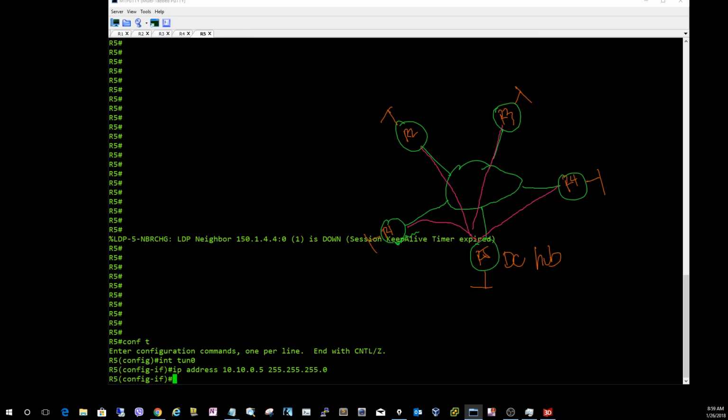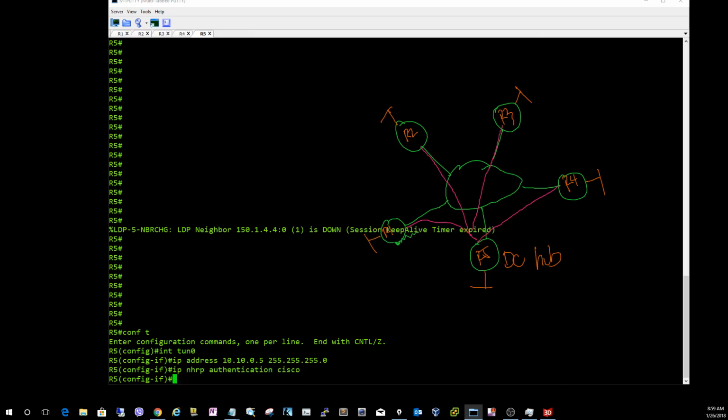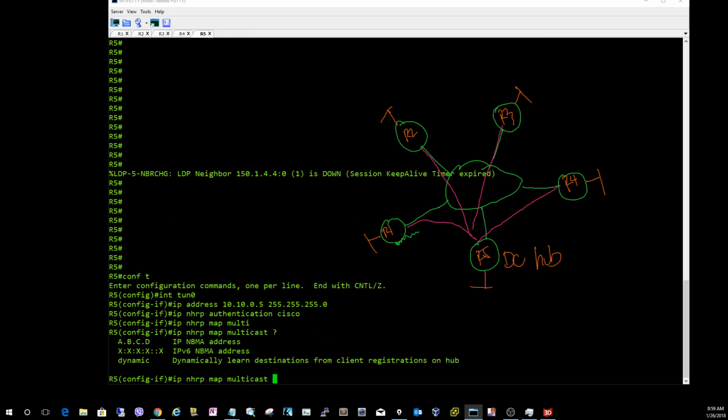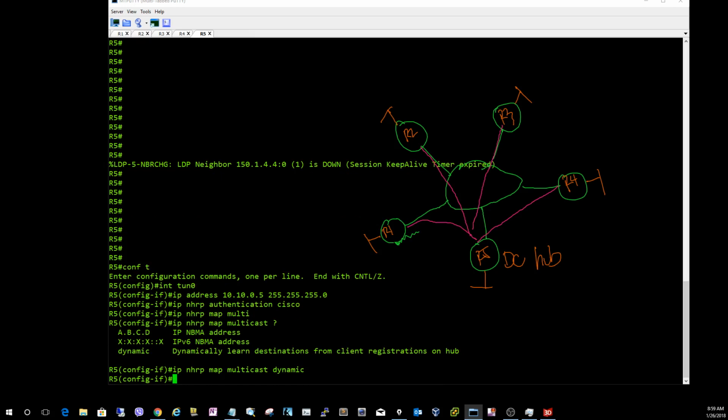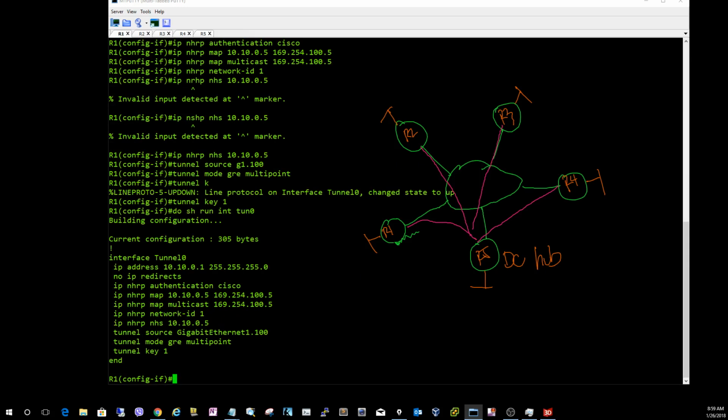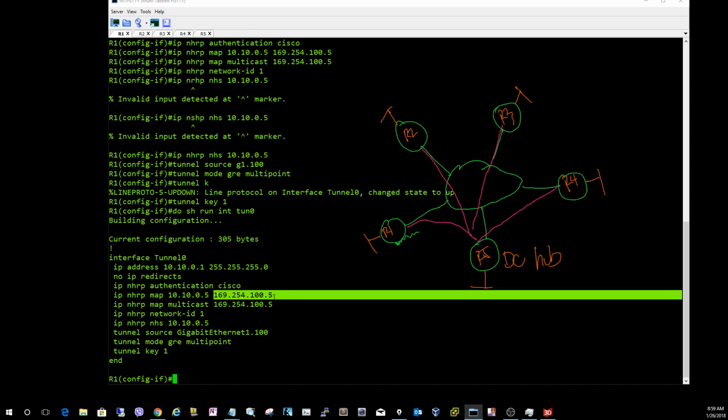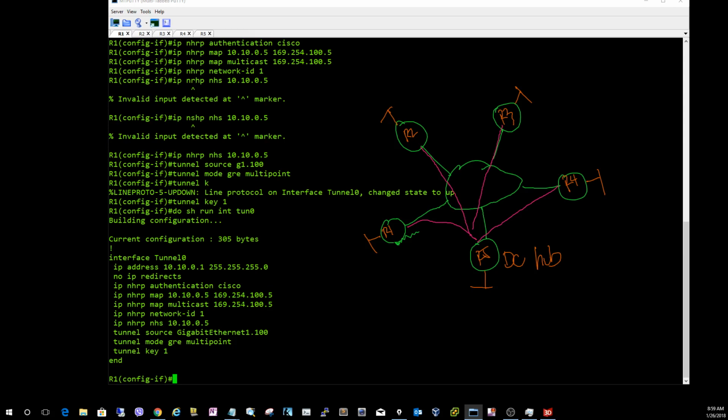Okay, so we do the IP NHRP authentication. Type Cisco. IP NHRP map multicast dynamic. By doing IP NHRP map multicast dynamic, the difference from the spoke is that on the spoke we actually map the private IP to the public IP of the hub.